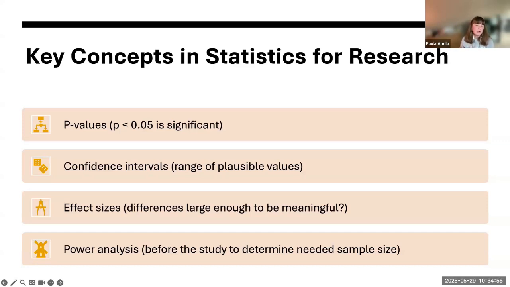Further, you have so-called confidence intervals. A confidence interval gives you a range of plausible values for your estimate. So we often talk about the 95% confidence interval, meaning that if you repeated your study 100 times, about 95 times the true value would fall within the reported interval.